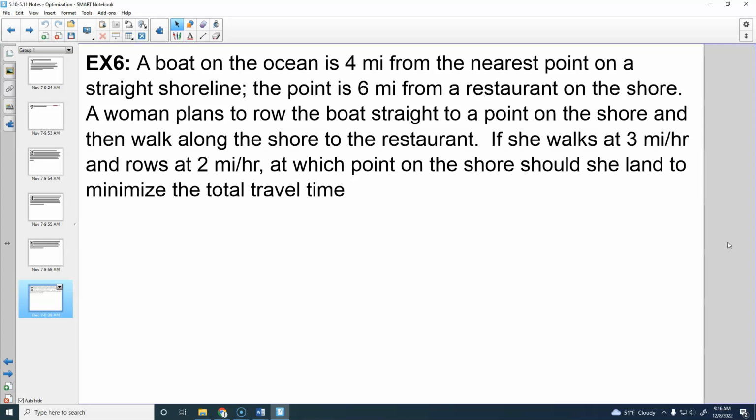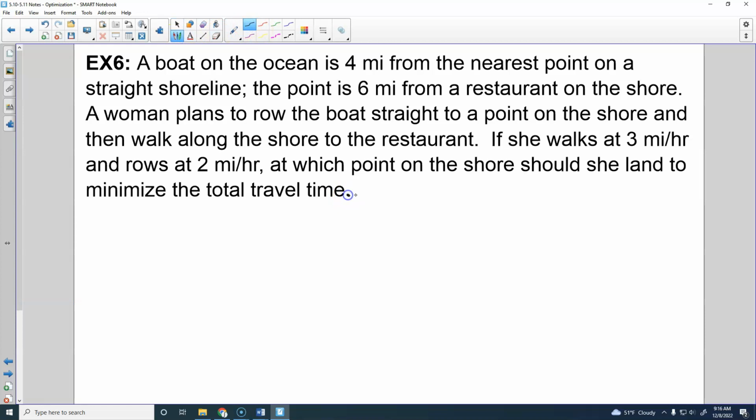So, speaking about spending 2 weeks to get out of 3 hours of work, this is a little bit of that sort of situation right here, right? Because it's going to take us a little while to do this problem, and she probably could have just started either walking or rowing and be done with it.